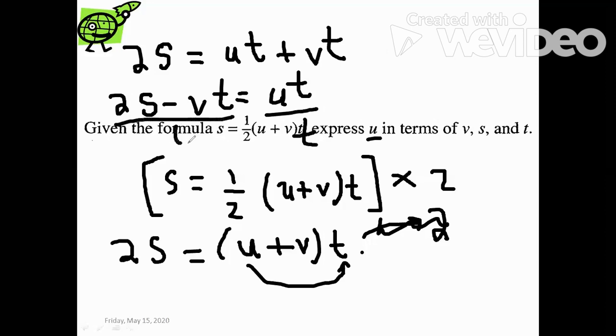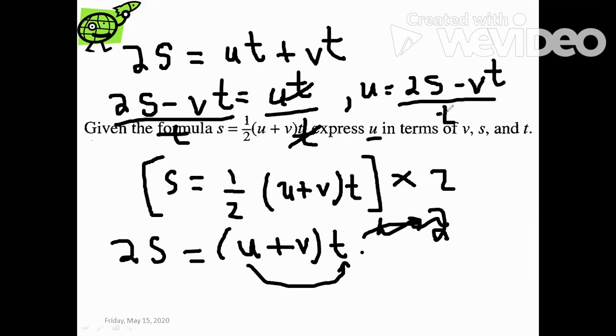So the t will cancel out. So therefore u is equal to 2s subtract vt over t. And that's our answer.